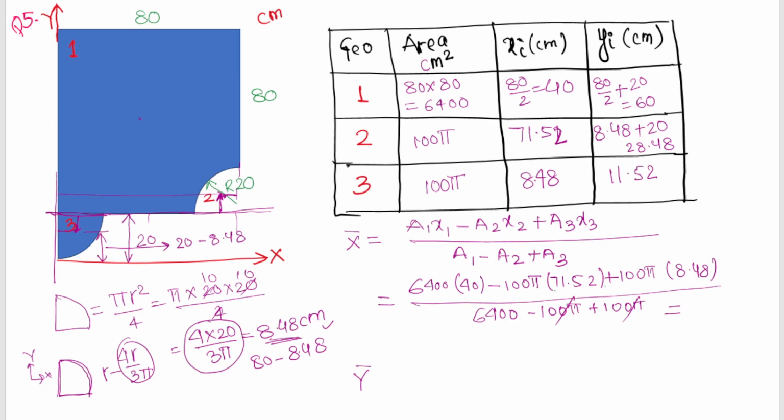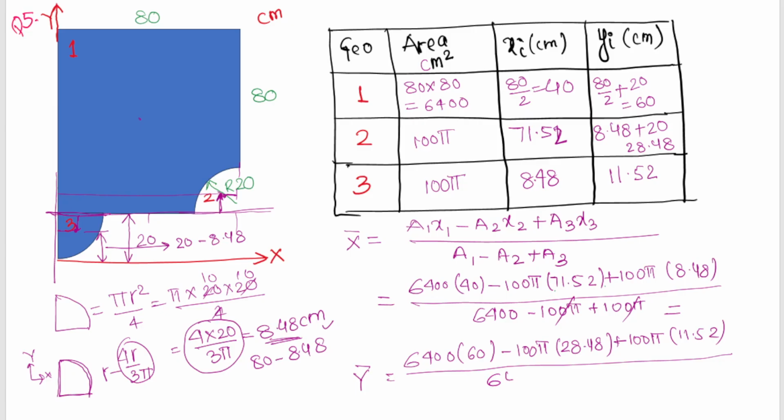Let me complete the equation for y bar also. So 6400, y1 is 60, minus 100 pi, y2 is 28.48, then plus 100 pi, y3 is 11.52, divided by 6400 minus 100 pi plus 100 pi.